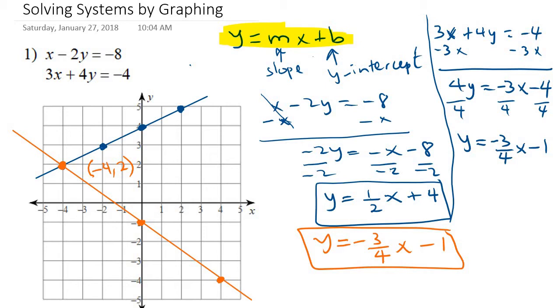They will work. But the most important part of this method is just knowing how to manipulate the equations and changing them to slope-intercept form, and then from there on using the easy method of graphing and coming up with a graph and looking for the intersection. That is how to solve a system of equations by graphing.